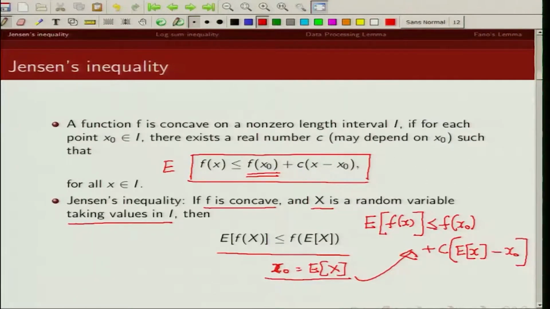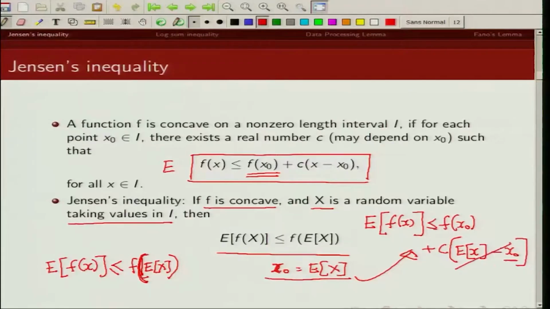I get expected value of f of x is less than or equal to function f of expected value of x, plus c times expected value of x minus expected value of x.